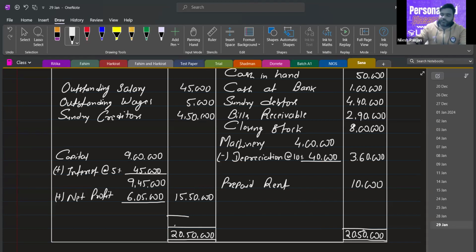Tell me, do you think this is easy or a little bit tough? Because sometimes some students say that this is the most difficult chapter. So you think this is the most difficult? No. Okay, so it is understandable.